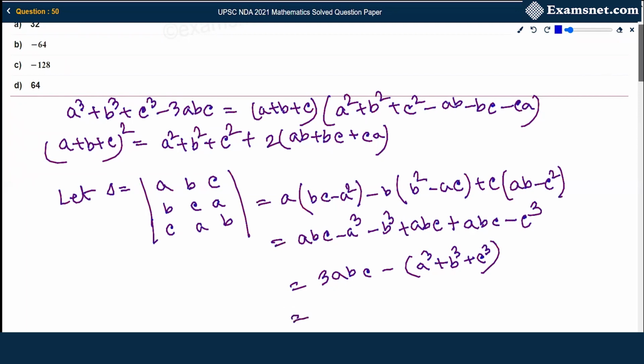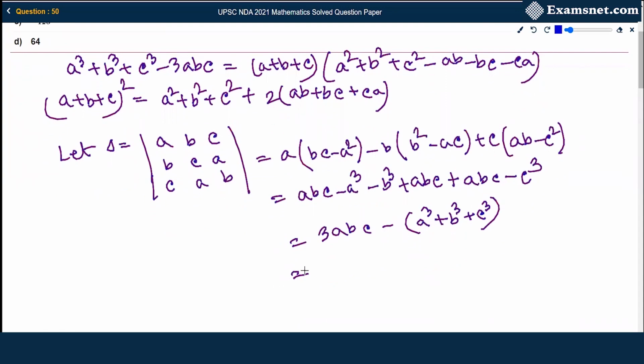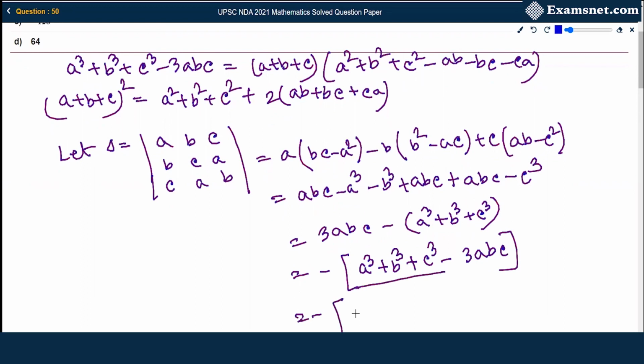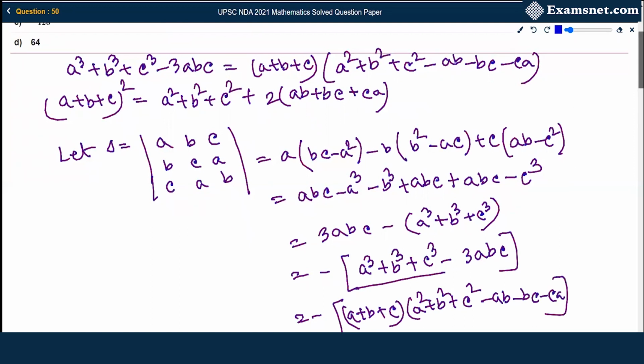So in order to make it similar, I need to take a minus common from the whole expression so that it becomes A cube plus B cube plus C cube minus 3ABC, right? So in place of this expression, I can write down the result, that is (A plus B plus C) multiplied by (A square plus B square plus C square minus AB minus BC minus CA), right?